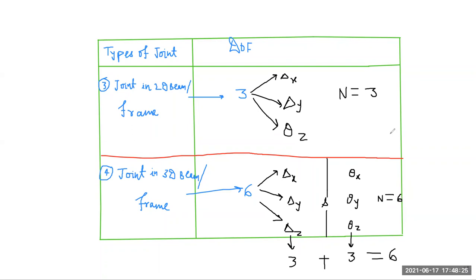You just use this formula, because this is the case for a 2D beam and also for a 3D beam. Put n equal to 3 or n equal to 6, and you find the DK for your beam. Is it clear to everyone? Yes, sir. Okay.